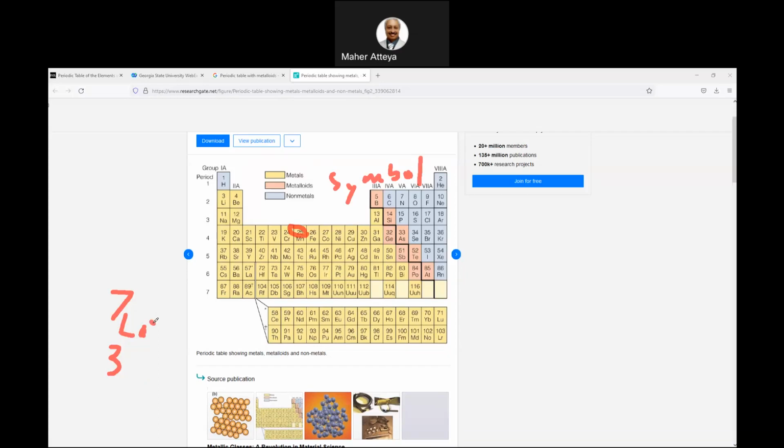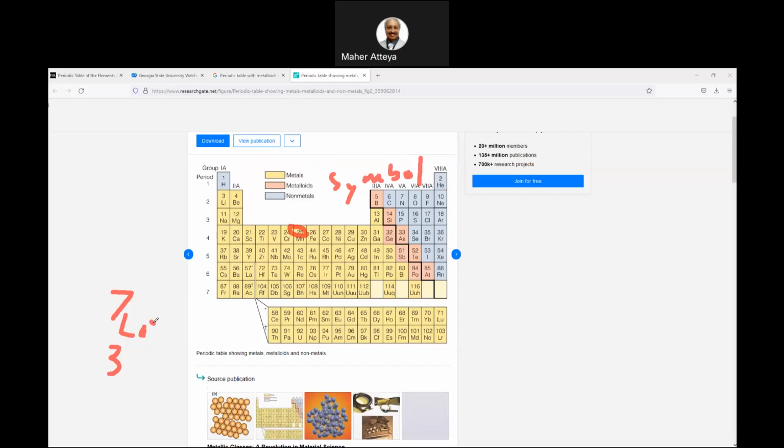Lithium has a symbol of Li. The first alphabet has to be capital. The second has to be small. Li, lithium, correct?